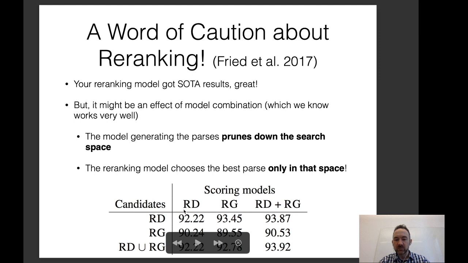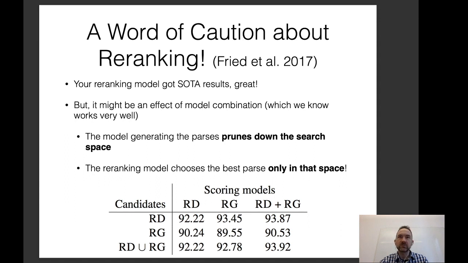But overall, if you generate with the discriminative model and score with it, and generate with the generative model and score with it, you can see that the discriminative model does better. So, long story short, there could be an implicit model ensembling effect here that you need to control for whenever you're doing re-ranking. And this is also true for re-ranking for other types of tasks as well.